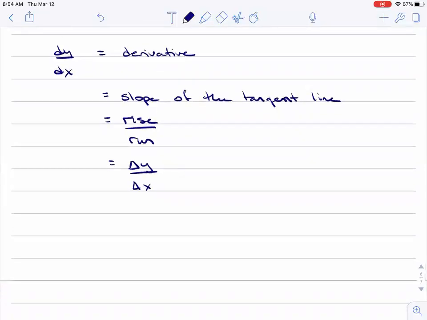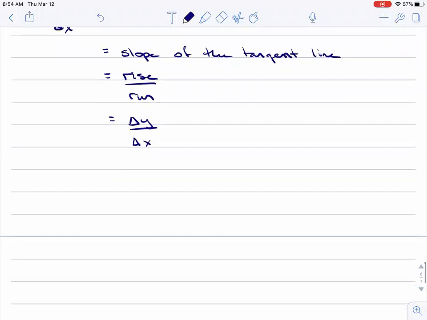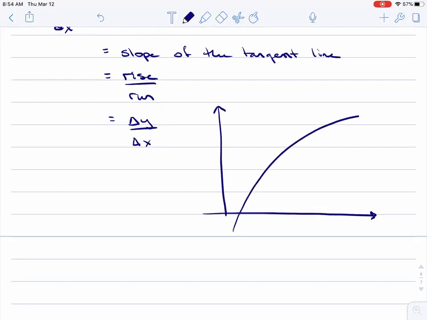Okay, so what we've got, do I want to do this huge? I guess. Why not? So what I've got, if I draw a graph here, let's say I've got some curve that might look like this, y equals f of x.